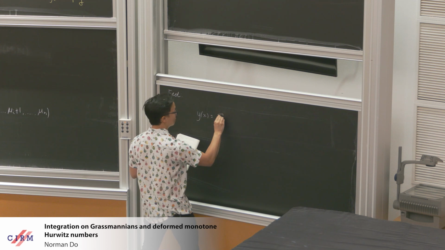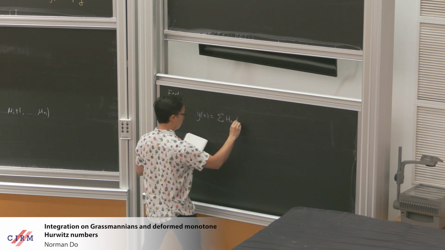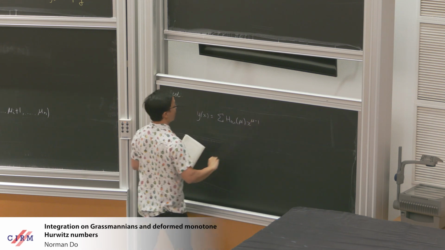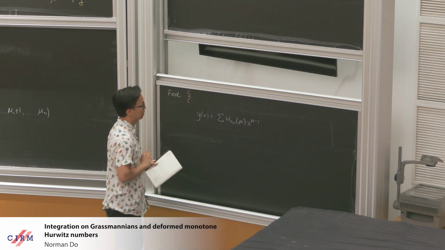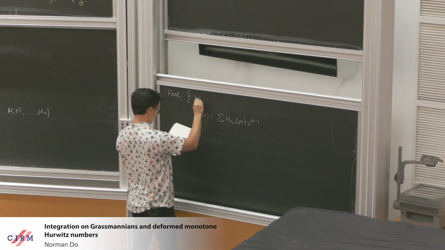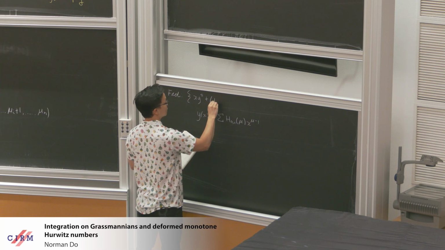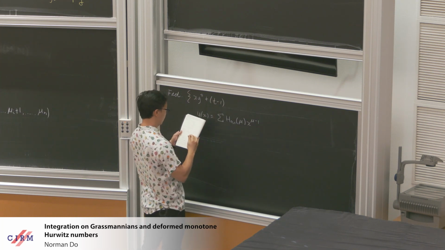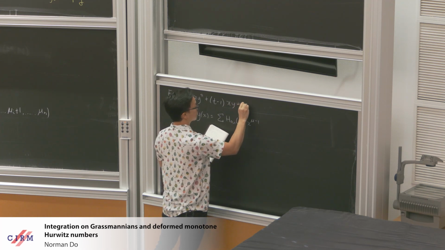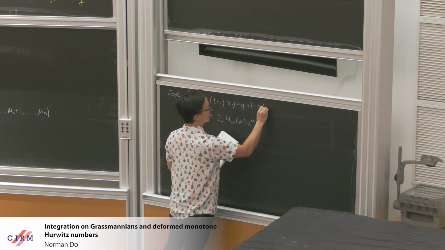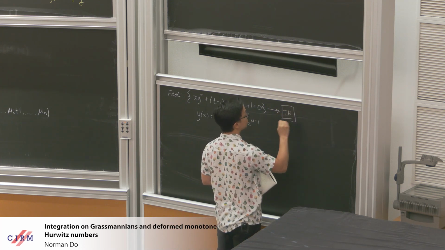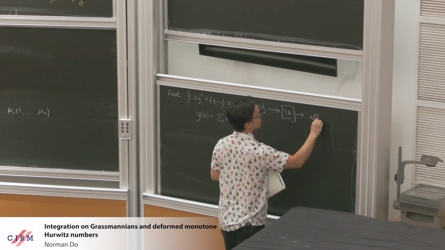Y of x equals the sum of h_{0,1} of mu, set next to x to the mu minus 1. And it turns out that this actually comes from an algebraic curve. The algebraic curve being x y squared plus (t minus 1) y plus 1 equals 0, t being the deformation parameter here. And the idea is you feed that, this is the spectral curve, into topological recursion, and you get out all possible numbers.